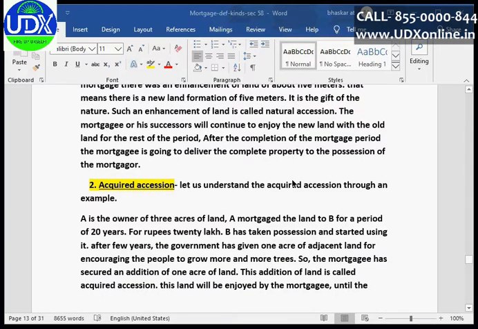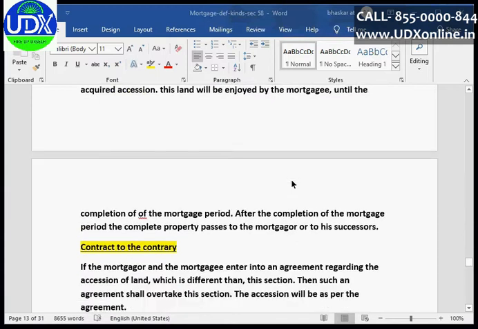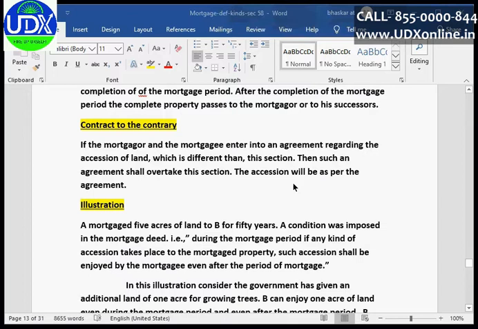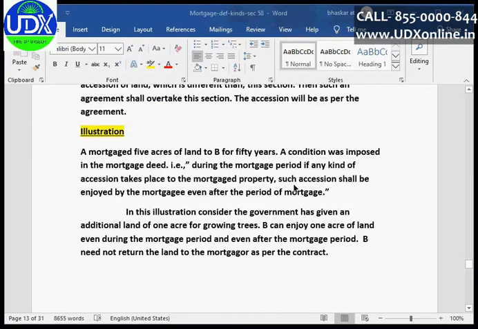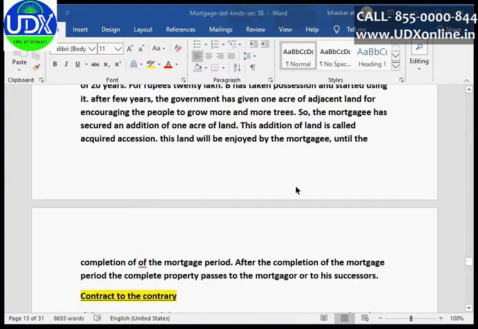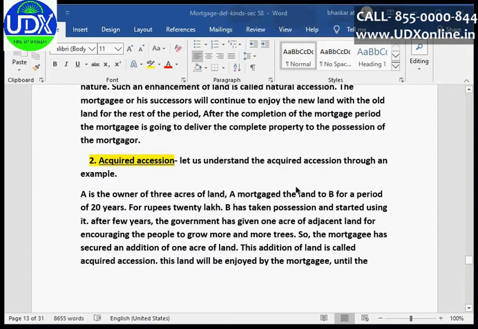When the time is over, when the mortgage period comes to an end, then the mortgagee has to give back the complete possession of the property to the mortgager. Okay, so this much is what I have explained in section 63. So you simply explain once again here under section 70.